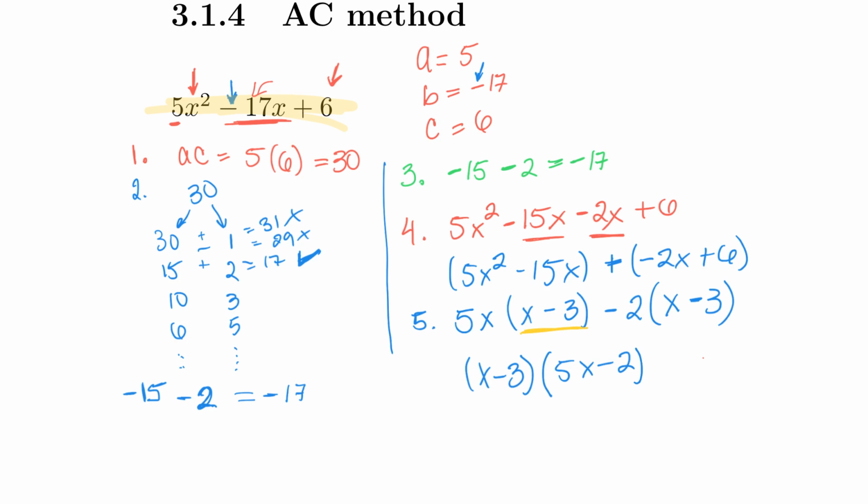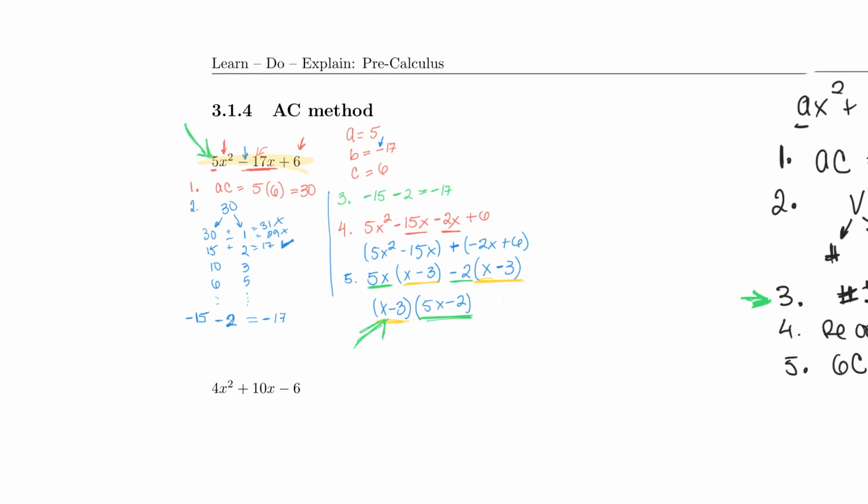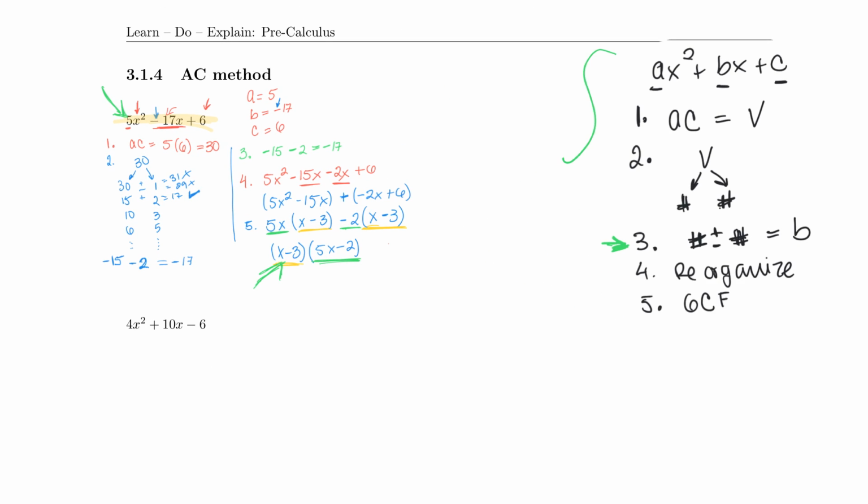I took whatever is common here and whatever is common here, put it outside, and then I went, okay, this number is not common and this number is not common, so I just put them in the other parentheses. And this is how we went from the original polynomial to the factorization of this polynomial using the AC method.